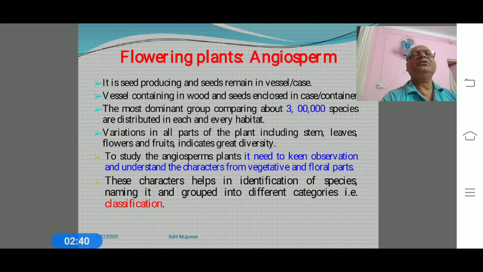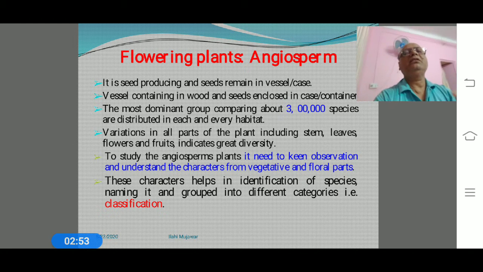Flowering plants, angiosperms, have importance because they are seed producing plants, and these seeds remain in a vessel or what we call a case. That means enclosed seeds are most important.